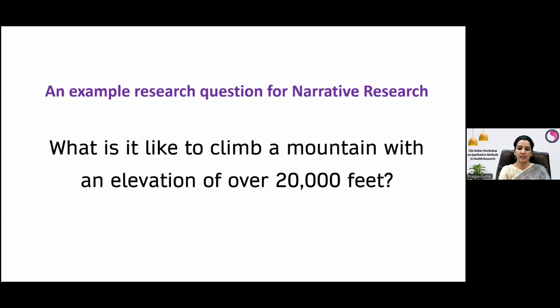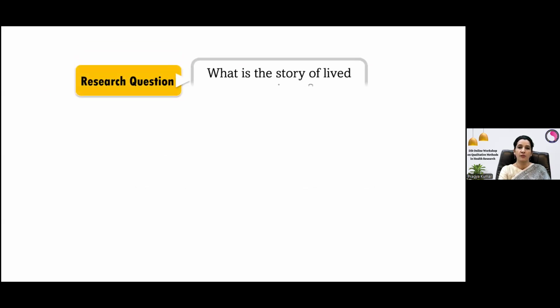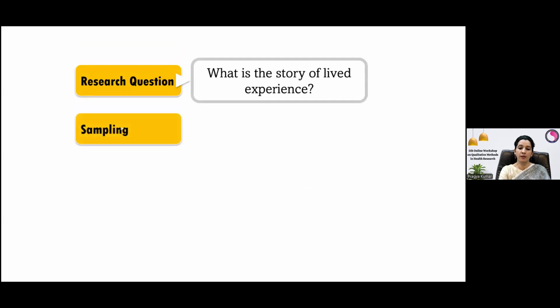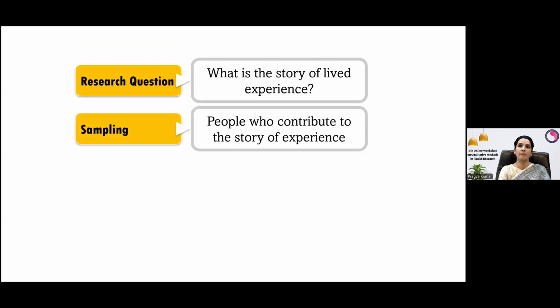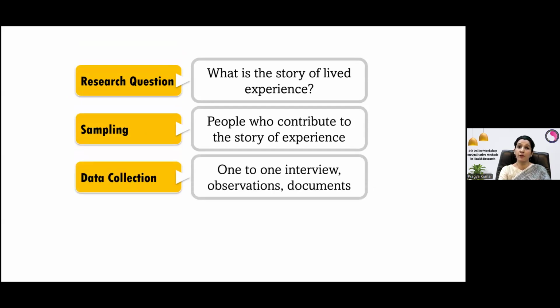A question could be framed as a narrative, like what it is like to climb a mountain with an elevation over 20,000 feet. So the research question could be the story of a lived experience of one or two persons and the people who contribute to the story of that experience. And how is it different from phenomenology?